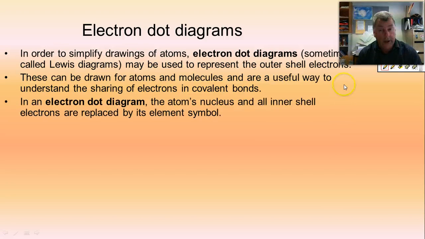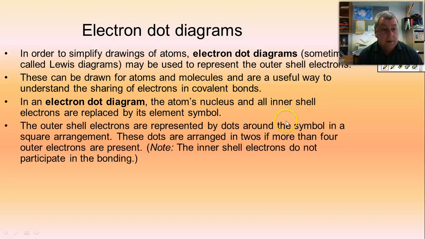Now in an electron dot diagram we simplify it by representing the nucleus and all the inner shell electrons by the symbol. So instead of drawing all those circles and drawing the nucleus, we just write the symbol because we're really only interested in the outer shell electrons. The outer shell electrons are then represented by dots around the symbol in a square arrangement.